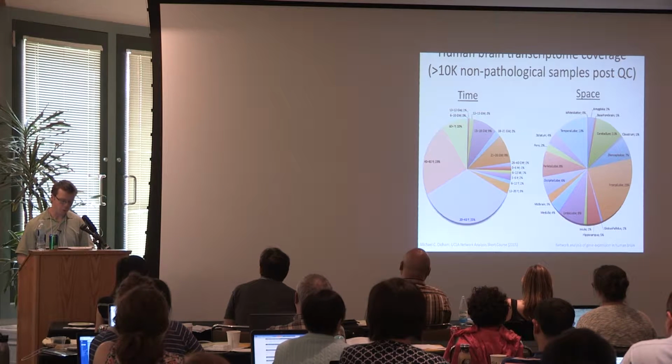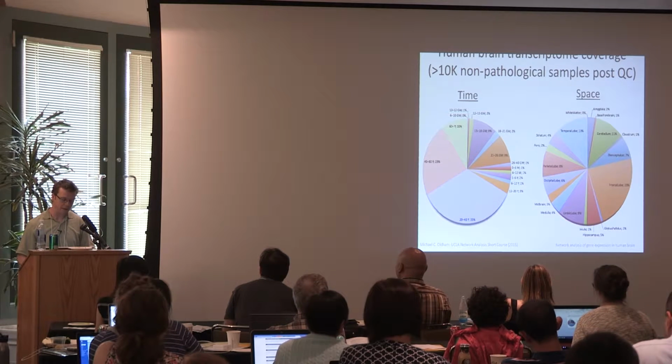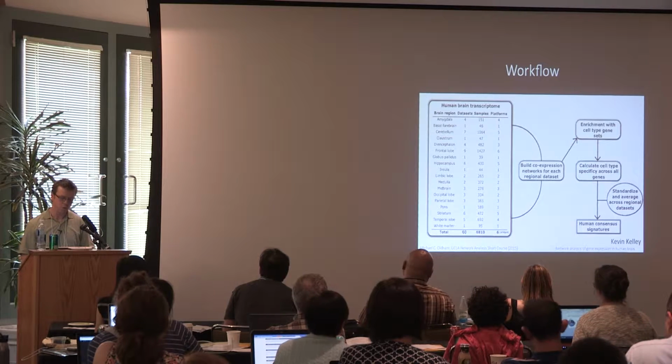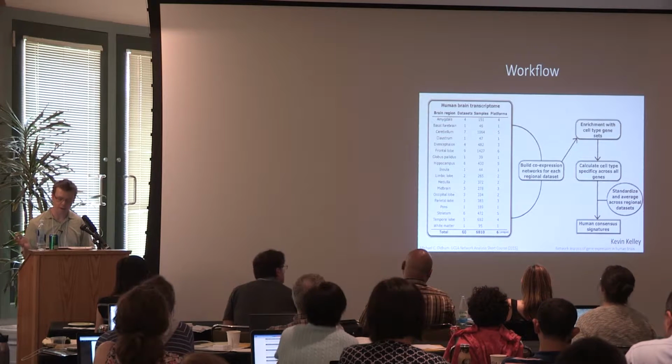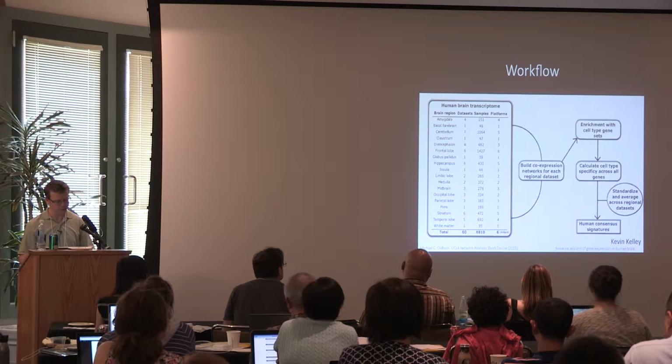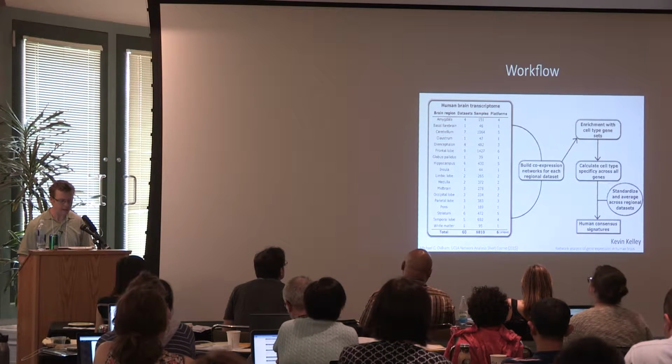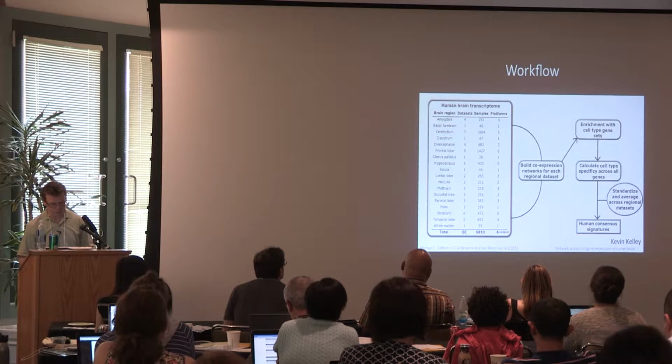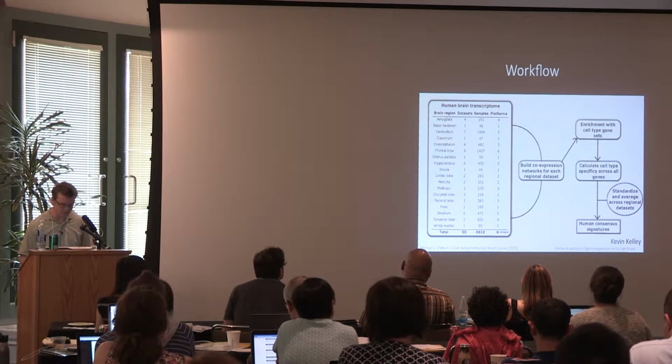And one of the goals is to try and develop consensus signatures for major cell types in the human brain. And so we've divided the data set into anatomical regions, or I should say the data sets. So for a given region, we have between 1 and 9 independent data sets corresponding to between 44 and 1,400 samples.